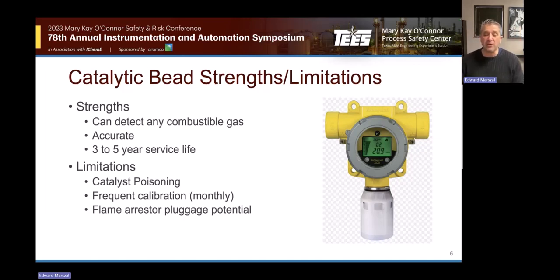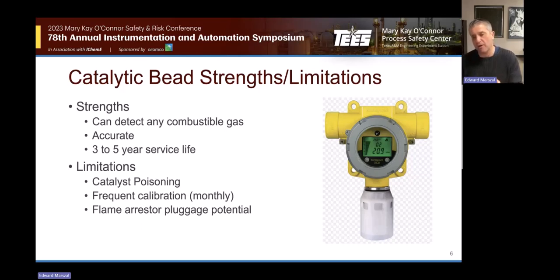Also, frequent calibration is required. A lot of people will do this on a monthly schedule, and that's because there's a degradation over time. Those of you that are attending from the refining industry understand a concept called coking, in that when you're combusting or heating even a hydrocarbon material, you could end up creating elemental carbon or coke.